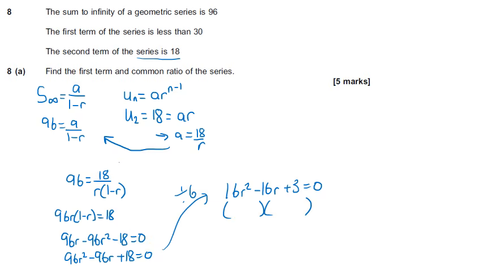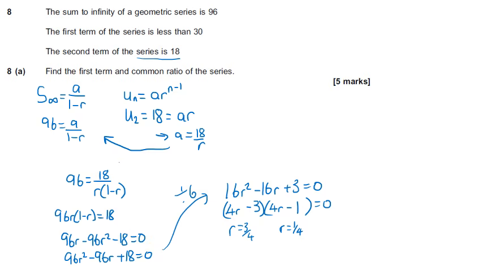And then if we have 4r in each bracket and minus 3 and minus 1, then that works, doesn't it? So minus 3 times 4r is minus 12r, and then minus another 4r is minus 16r. Yeah, that works. So r is equal to 3 over 4, or r is equal to 1 over 4.